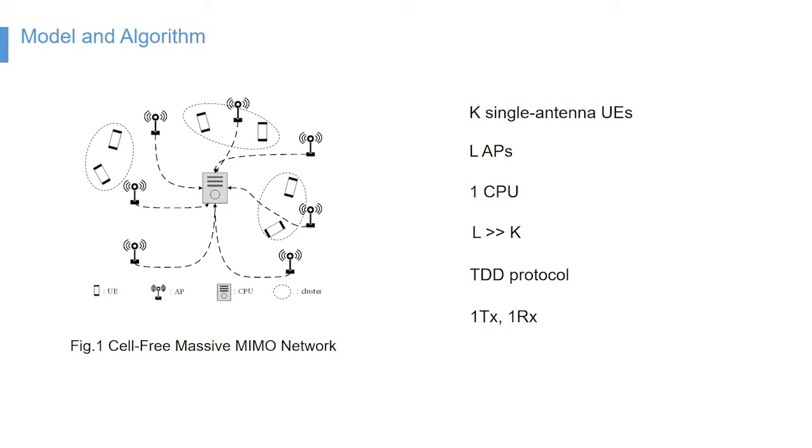It is assumed that the AP and the UE perform transmission according to the TDD protocol, where the TDD duplex includes an uplink transmission pilot phase and a downlink data transmission phase for channel estimation. Assuming that the channel parameters of different APs are independently distributed.